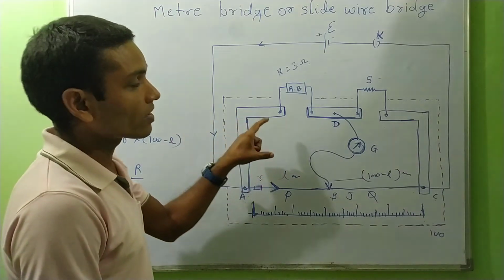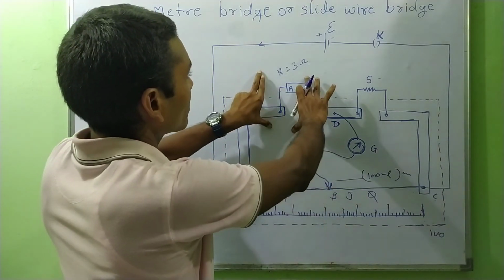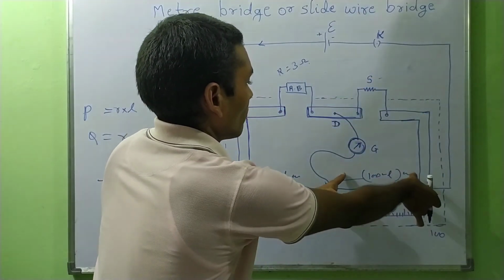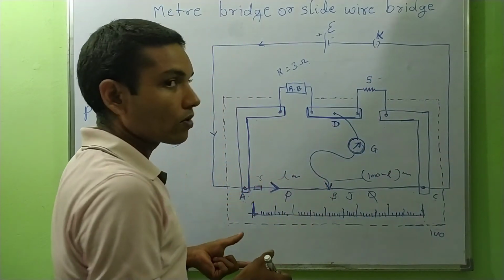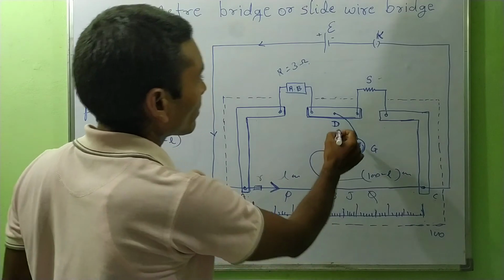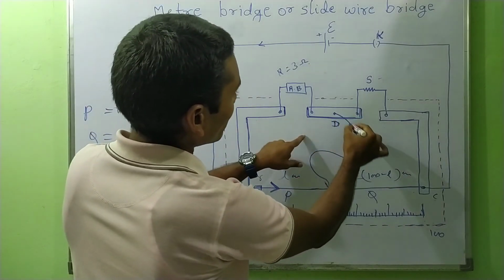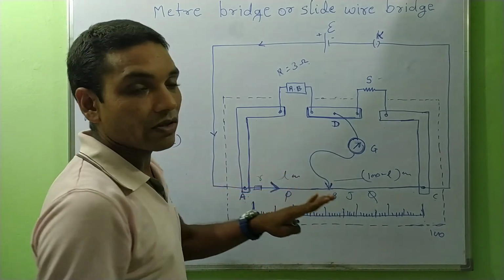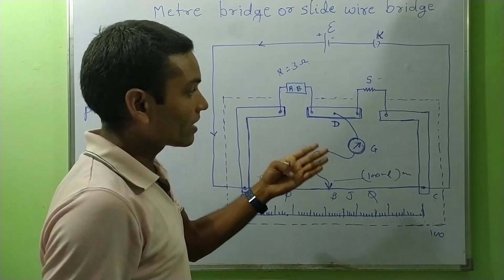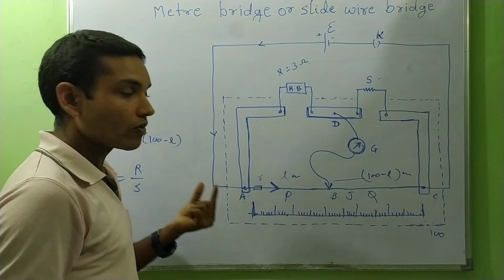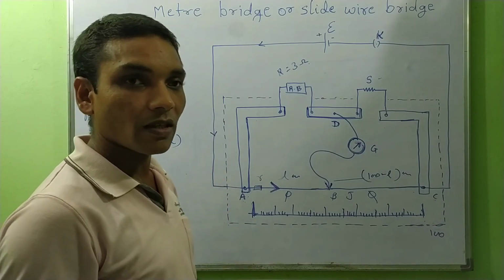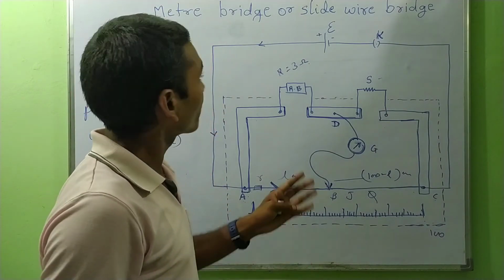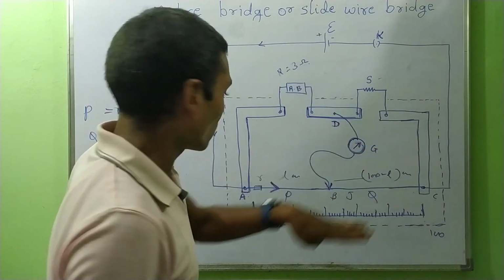Here 4 resistors are there, first, second, third and fourth, and between them is the galvanometer. This is the same as the Wheatstone bridge. That's why we apply the principle of Wheatstone bridge, or this will be the principle of the meter bridge.